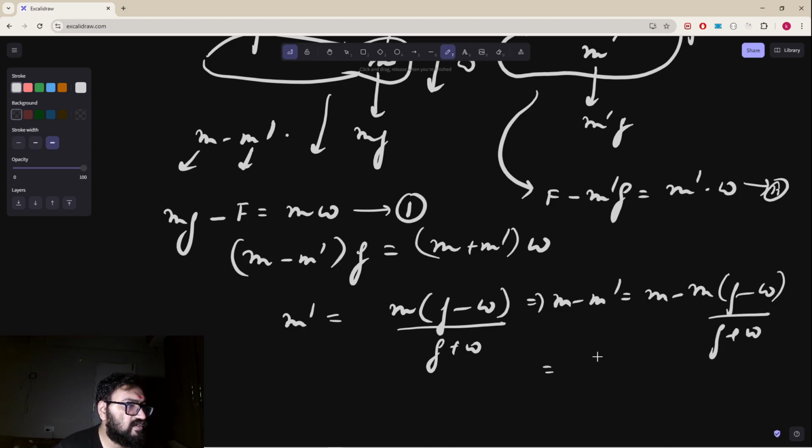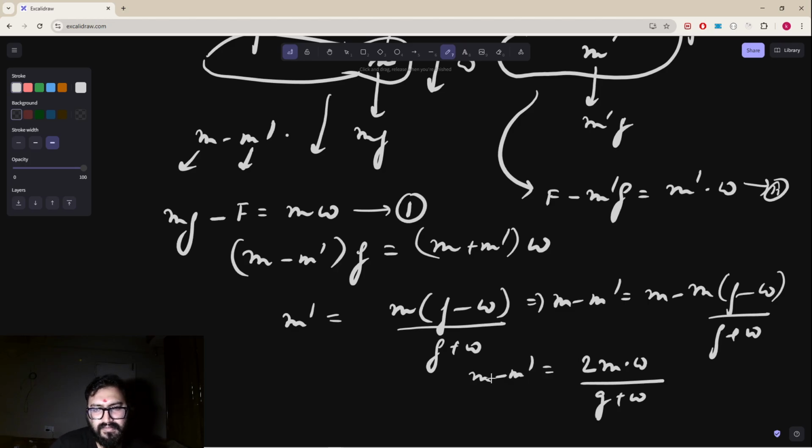I just need to solve for this. I'll get 2 times m into omega divided by g plus omega. This is going to be my m minus m dash.